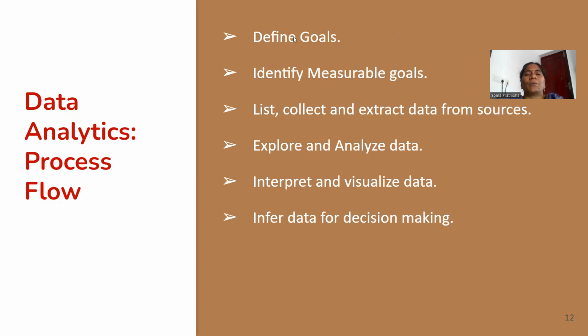So fix a goal, identify measurable goals. Then you have to list, collect, and extract data from sources. You should know from where your data is getting generated. It may be present in an Excel sheet, maybe coming as a stream of data, or it may be coming from a sensor. So we need to identify the source of the data.